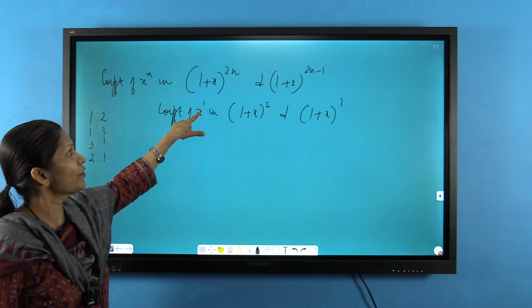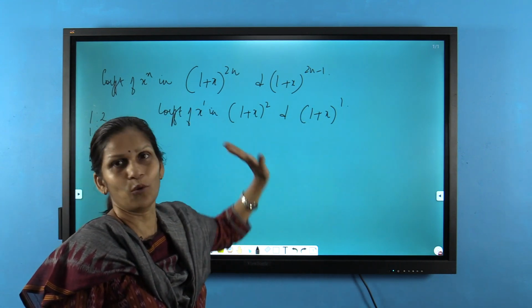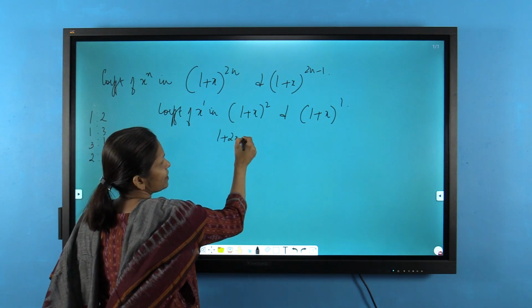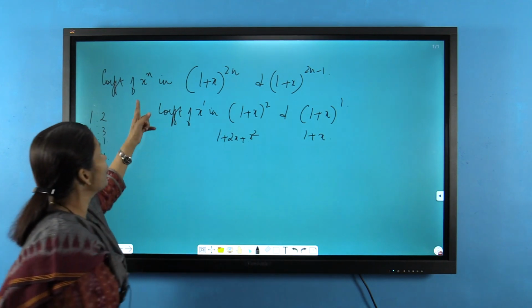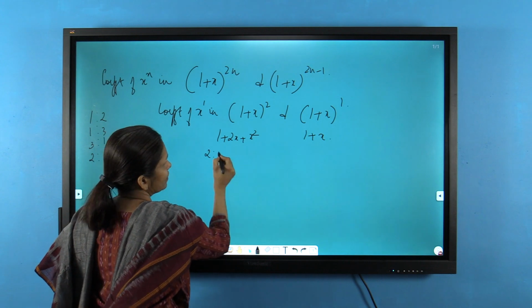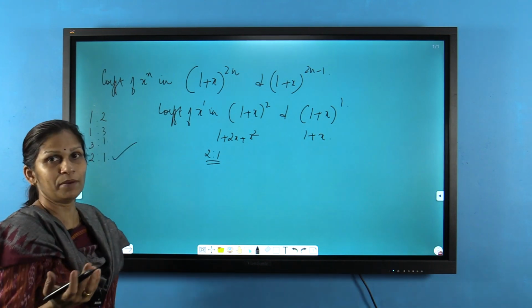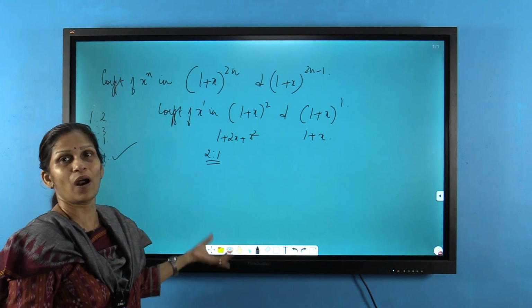What is (1 plus x) the whole squared? It is 1 plus 2x plus x squared. Here it is just 1 plus x. Coefficient of x raised to 1, here it's 2, here it's 1. So, because time is a premium for all these entrances, easily you can conclude that 2 is to 1 is your answer.